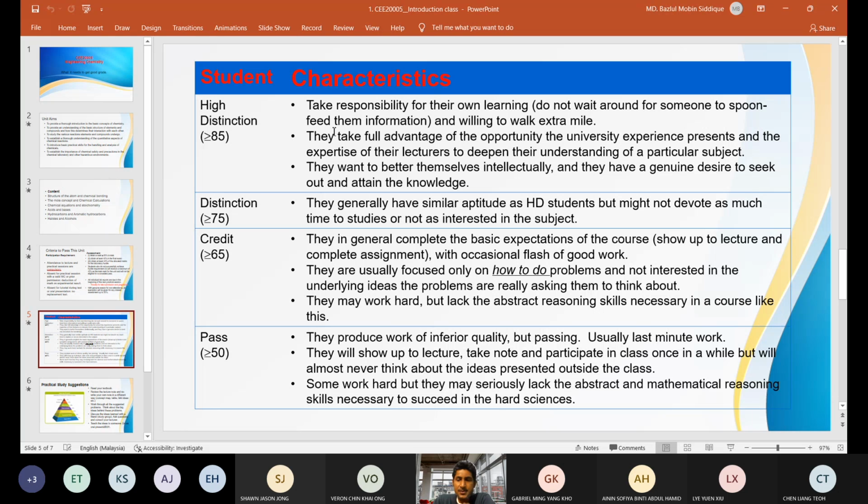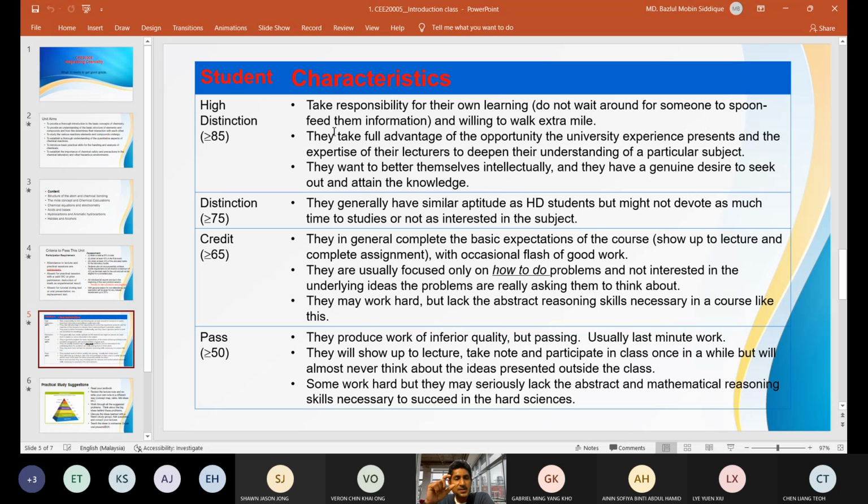So if you are proactive, you can get that information and get a good result and do well in the exam. And of course, your grade will be higher in that way. So this is high distinction, HD.